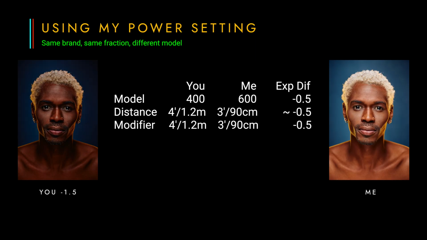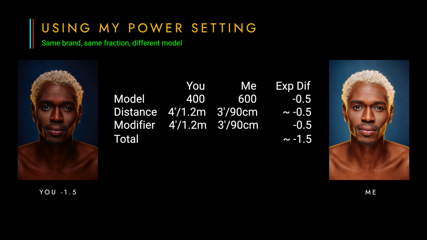Well, let's just say for the sake of argument that my 3-foot modifier, or 90 centimeter modifier, is going to take less energy. It's going to be more efficient and output more light than your 4-foot modifier. And so let's say that that's another half stop difference between the 3-foot modifier and the 4-foot modifier. Well, now all of a sudden you are 1.5 stops darker than my picture.